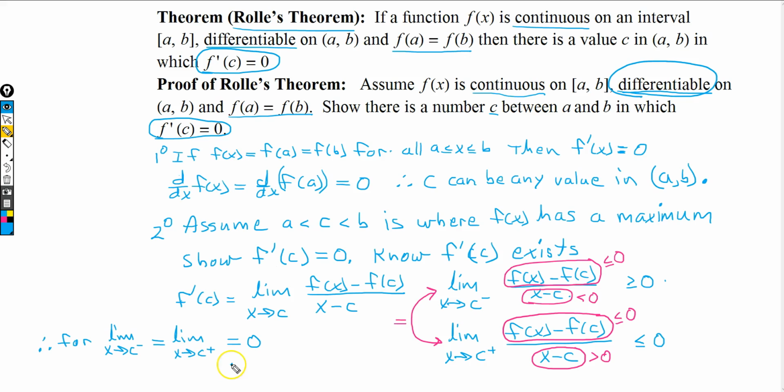And therefore, f prime of c is equal to 0, because that's the full limit. And we know the full limit exists. And there we go. That's our proof of Rolle's theorem.